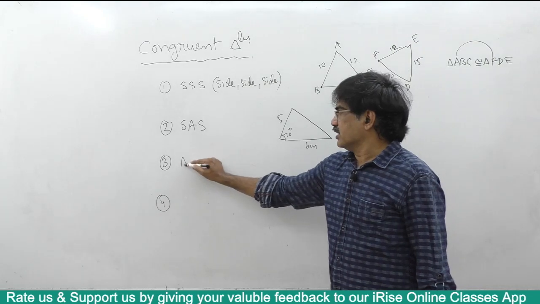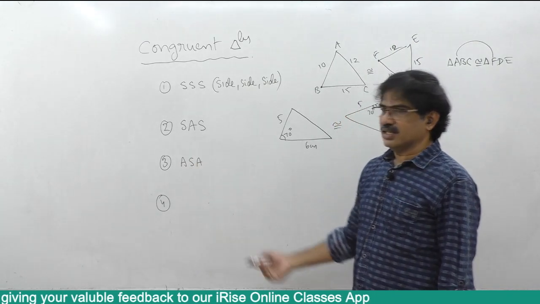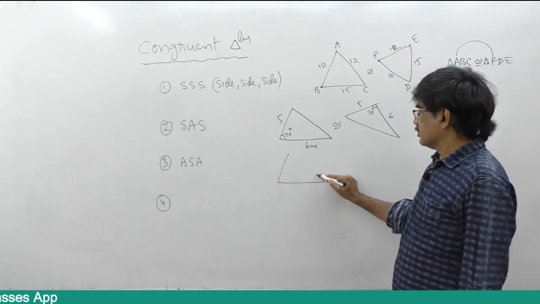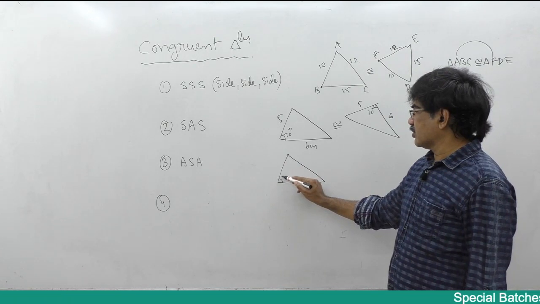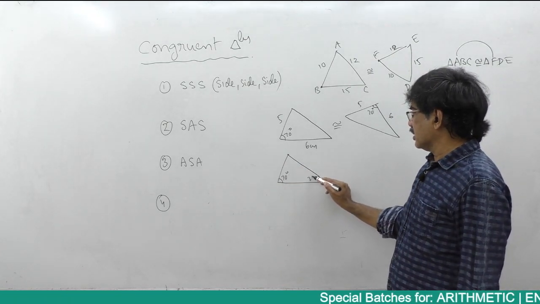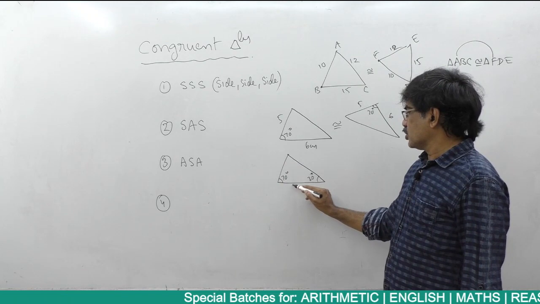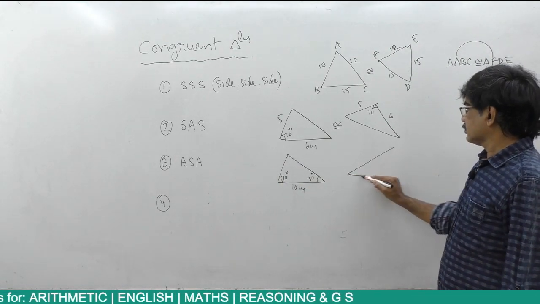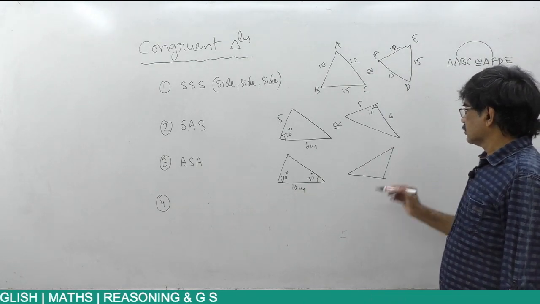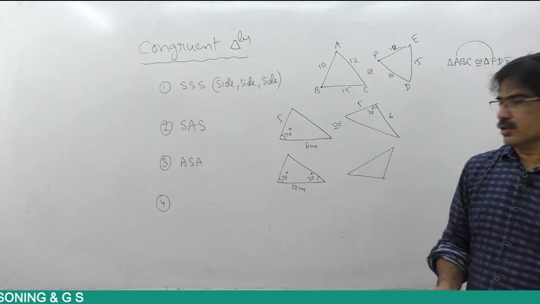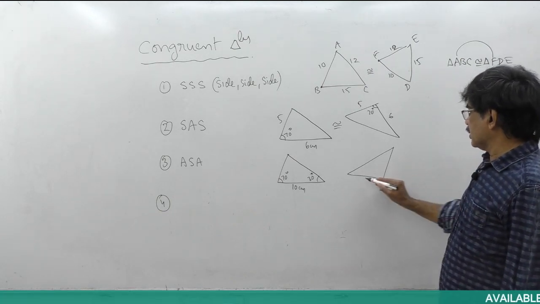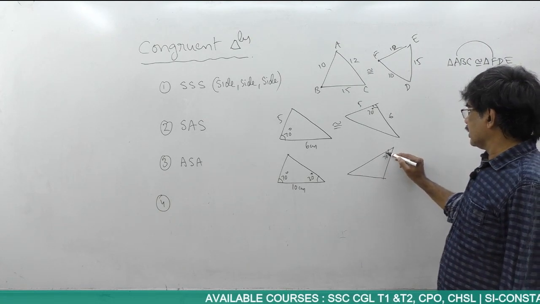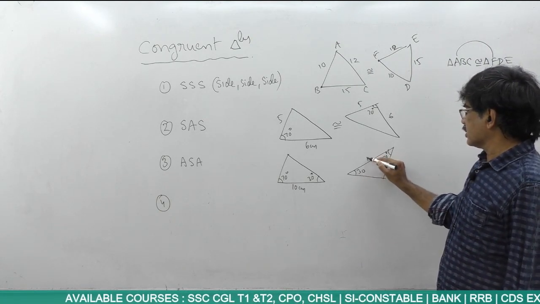The third one is ASA property, angle, side, angle. This is a triangle. If this is 70 degrees, let this be 30 degrees. The side between these two is 10 centimeters. Here also, if this is 70 degrees, let this be 30 degrees and this is 10 centimeters.